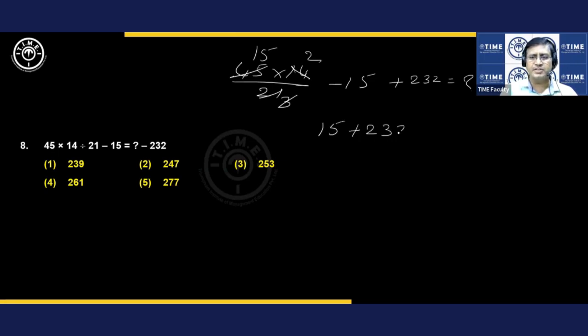Dear student, just observe the sum of these two numbers. How much is the sum of these two numbers? 247. Option number 2. Second choice is the right answer.